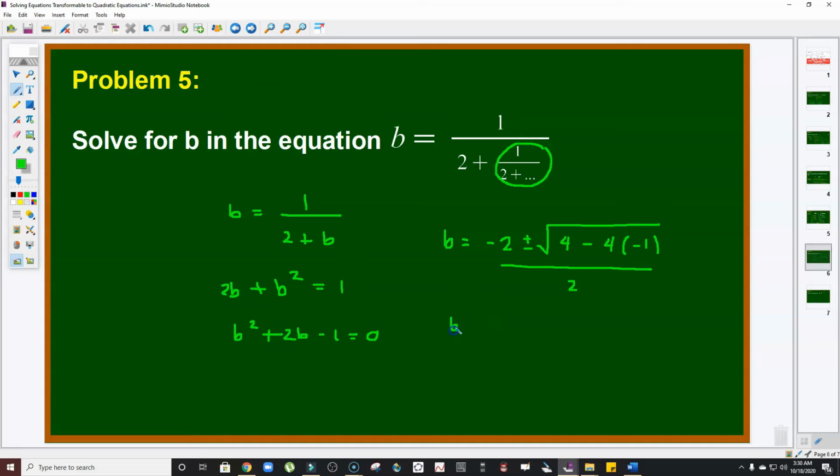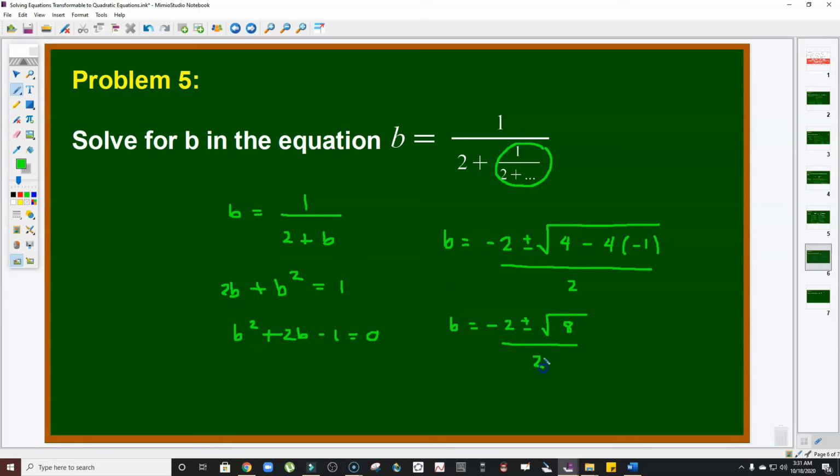That's it. So, B equals negative 2 plus minus the square root of, negative 4 times negative 1 is positive 4. So, 4 plus 4 will give you square root of 8. Okay? The square root of 8, that's 4 times 2. Square root of 8. Write it.